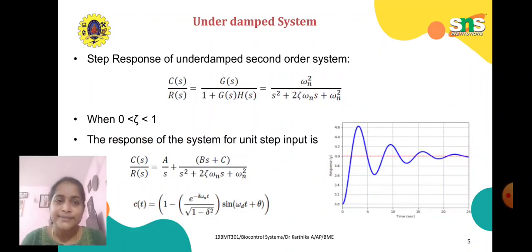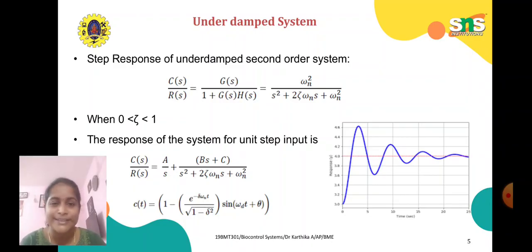For an underdamped system, the step response of the underdamped second order system is given by C of s by R of s equal to G of s by 1 plus G of s into H of s, which is equal to omega n square by s square plus 2 del omega n s plus omega n square. We know that when del lies between 0 and 1, the response of the system to unit step input is C of s by R of s equal to A by s plus B s plus C divided by s square plus 2 del omega n s plus omega n square.